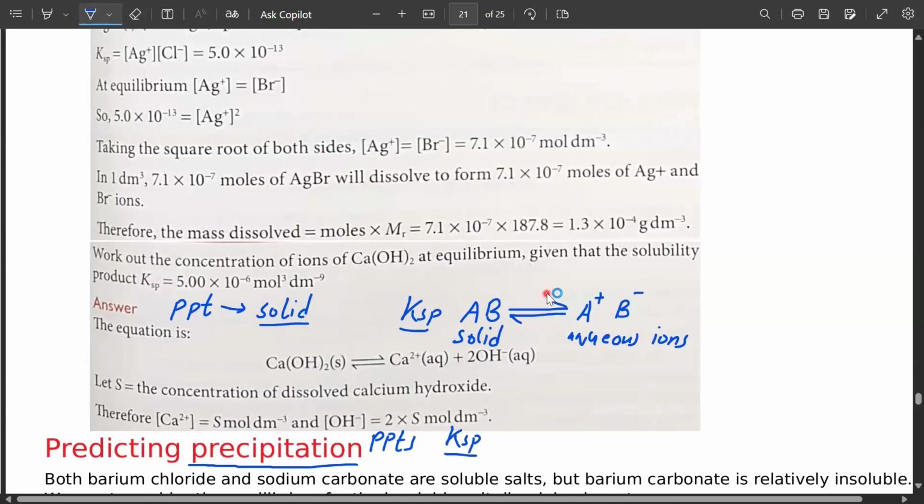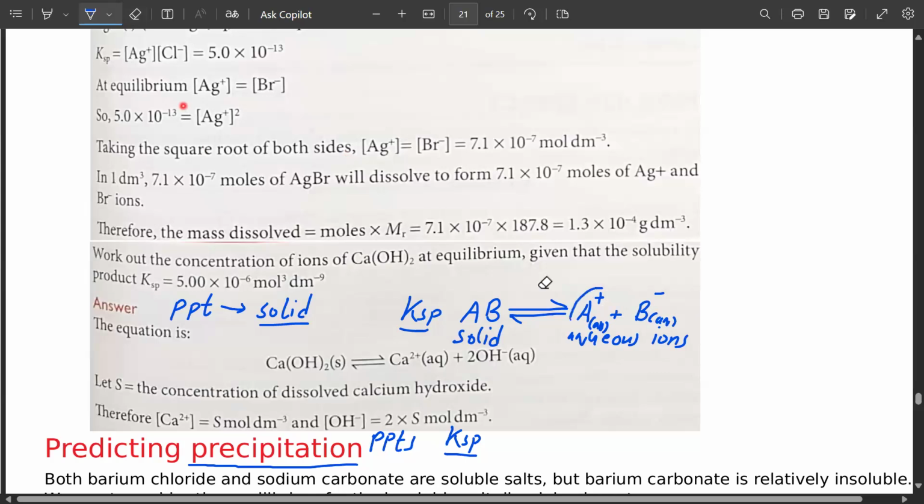Let me do one more correction here. The precipitate is AB, sorry. I'm writing it as aq, and this is also aq.